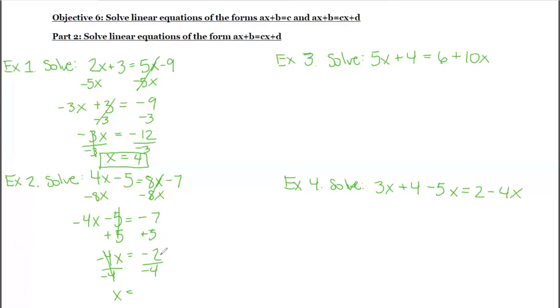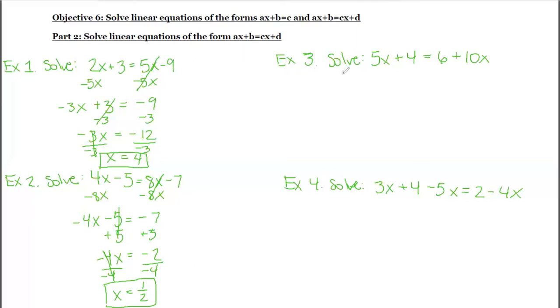And this is also a fraction that can be simplified. So because a negative divided by a negative is positive, then our ending result is going to be positive. And 2/4, we can simplify that to be 1/2. So the answer to example 2 is x equals 1/2.